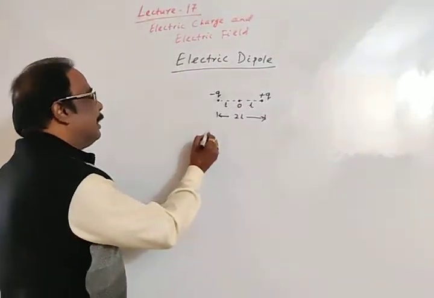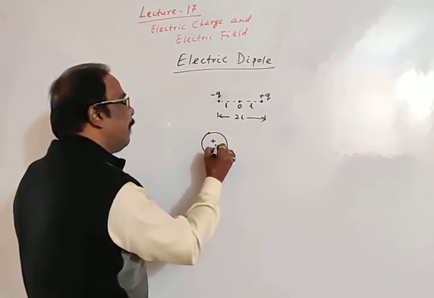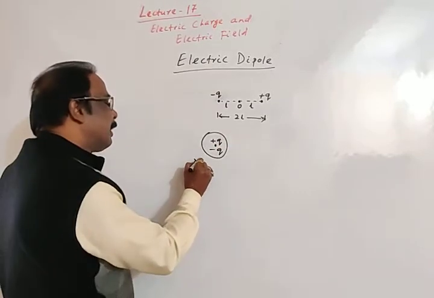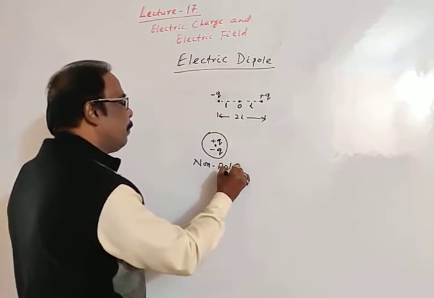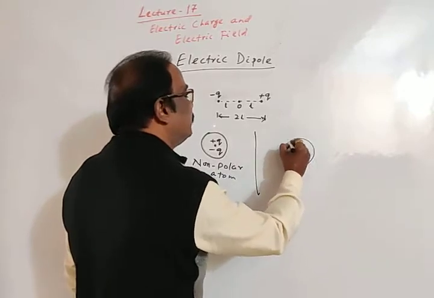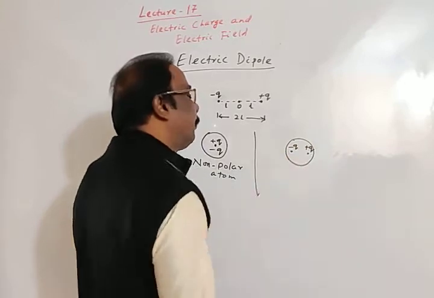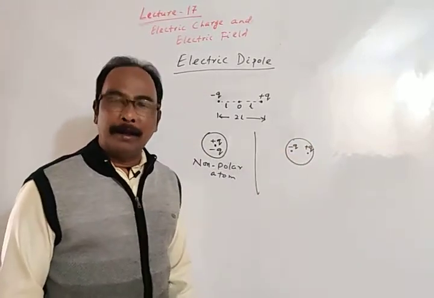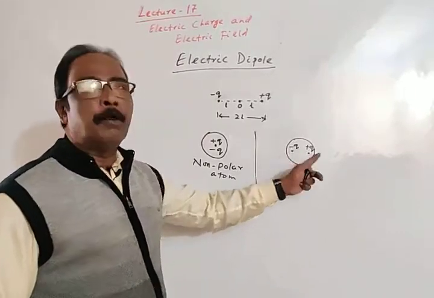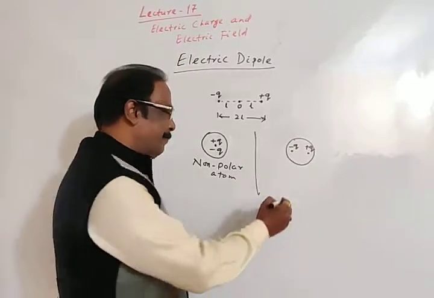The atom in which the positive and negative centroids coincide is called a non-polar atom. But the atom or molecule in which the negative and positive centroids are separated by a distance is called a polar atom.